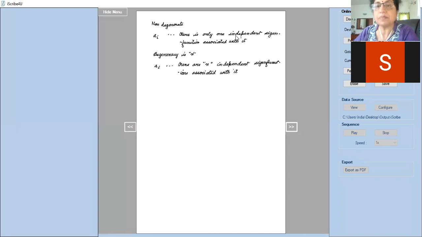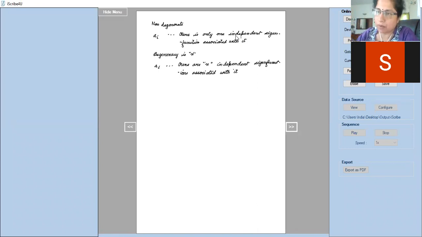Now, what do I mean by independent? It means that you cannot write down one of these eigenfunctions as a linear combination of the others. That is what I mean.